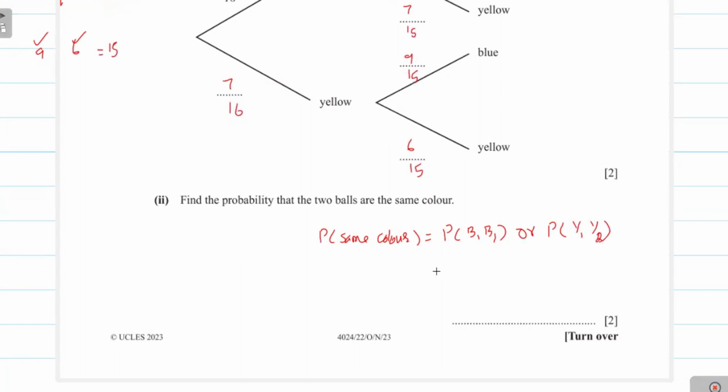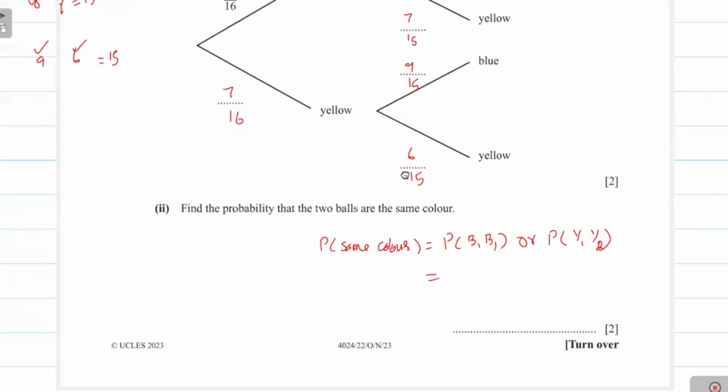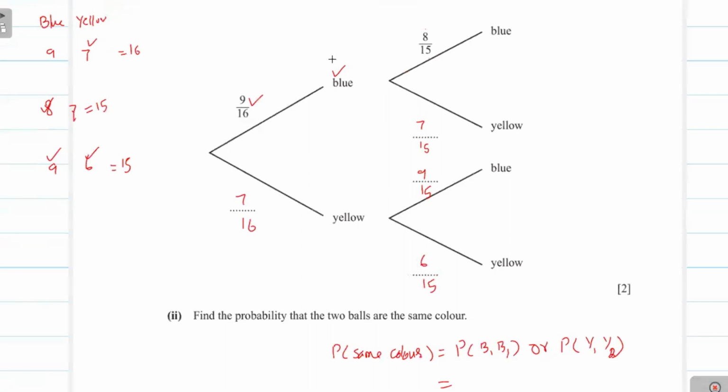Now when both are blue balls, the probability will be equal to 9 over 16 multiplied by 8 over 15. And next the yellow, that will be equal to 7 over 16 multiplied by 6 over 15.